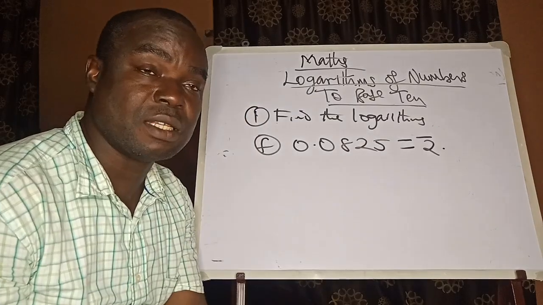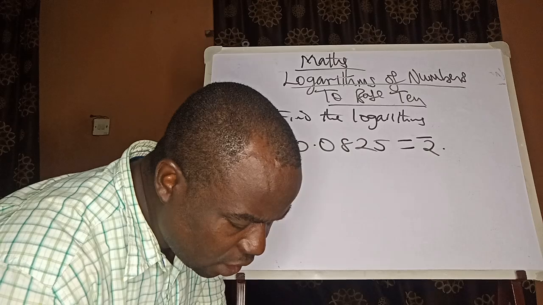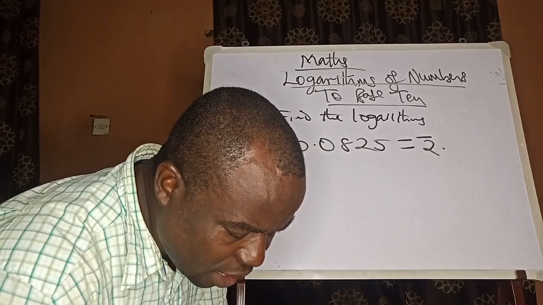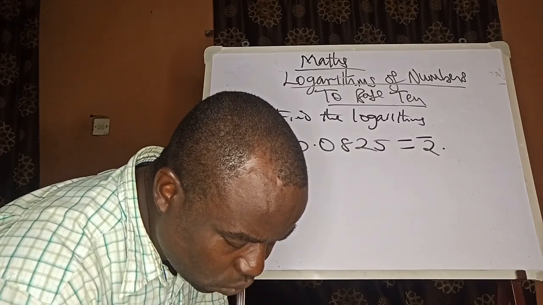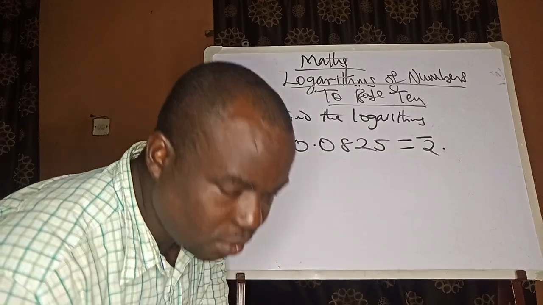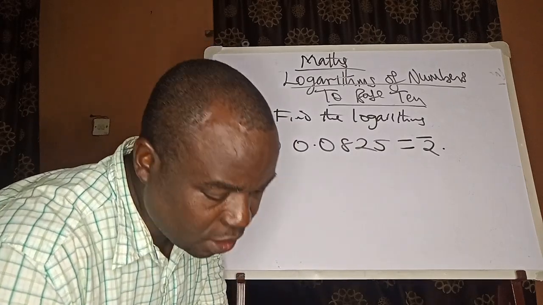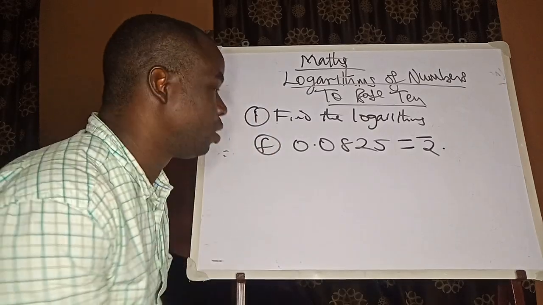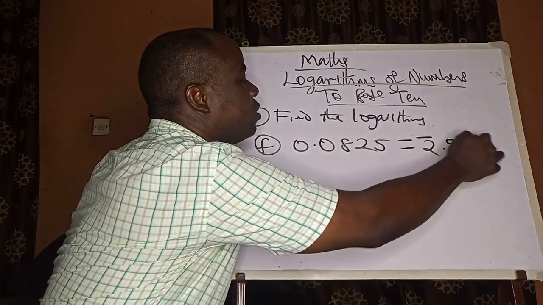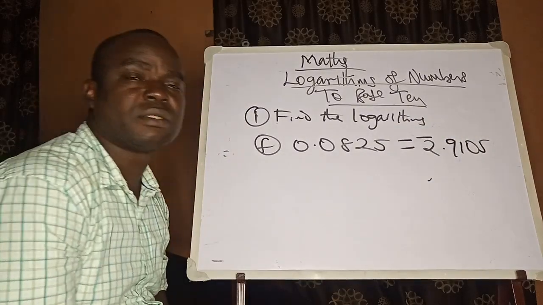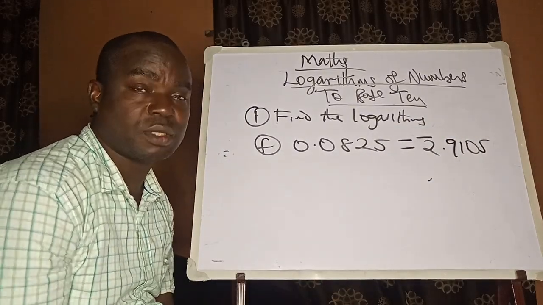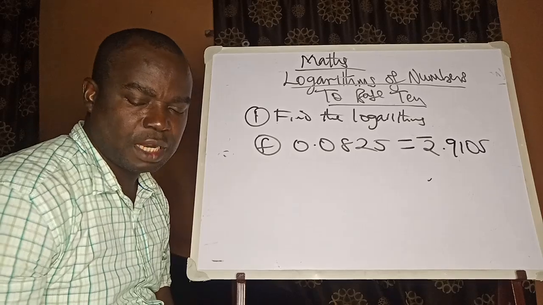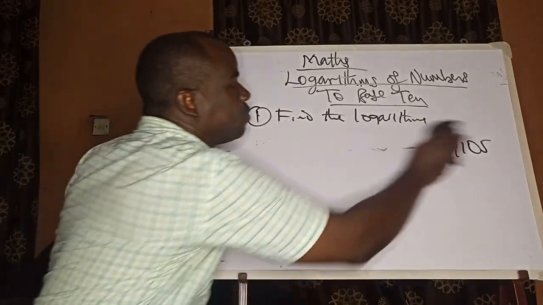So very quickly, let's find it. 82 under 5 is 9105. My own is not very clear, so just help me check it. 9105. So check your own. 9105. That's how to find logarithms of numbers. Is it clear?